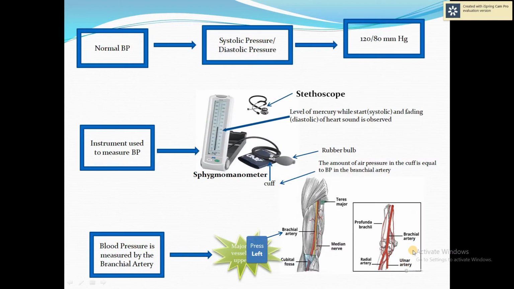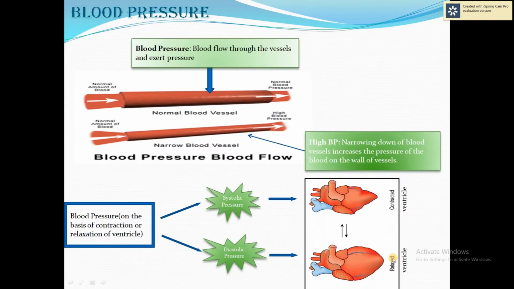When the ventricles relax, the blood from the vessels comes back into the ventricle, and at that time the remaining blood exerts pressure on the blood vessels, and that is known as the diastolic pressure. So, it does make sense that systolic pressure is the upper limit and diastolic pressure is the lower limit.